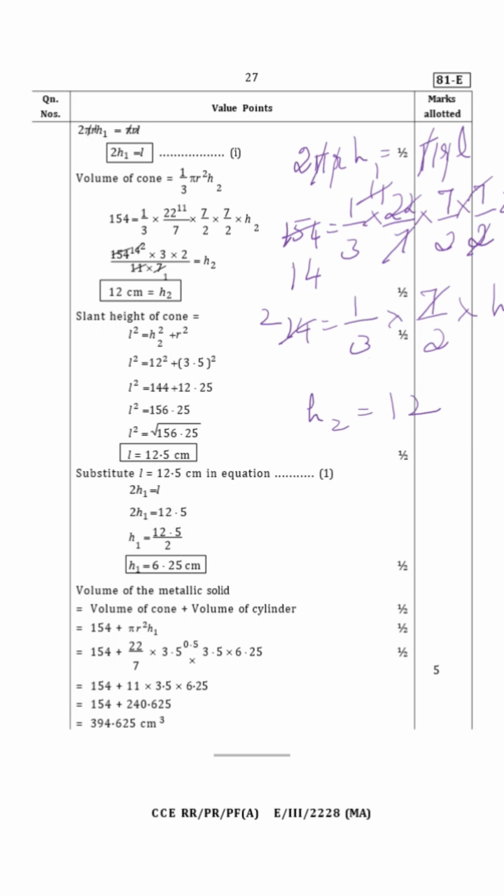Now let us calculate slant height of the cone. We know that L square is equal to h2 square plus r square. So L square is 12 centimeter square plus 3.5 square. Now 12 square is 144, 3.5 square is 12.25. If you add these two, you'll get 156.25.